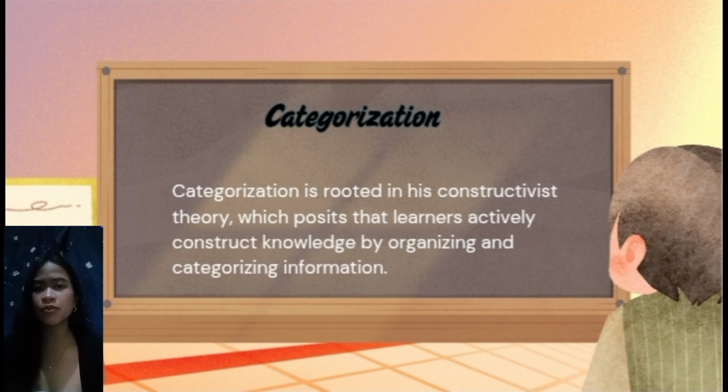This means learning isn't passive, but an active process where individuals interpret experiences and make sense of the world, a concept rooted in the work of theorists like Jean Piaget. So, categorization is learner-centered and highlights the learner's active role.